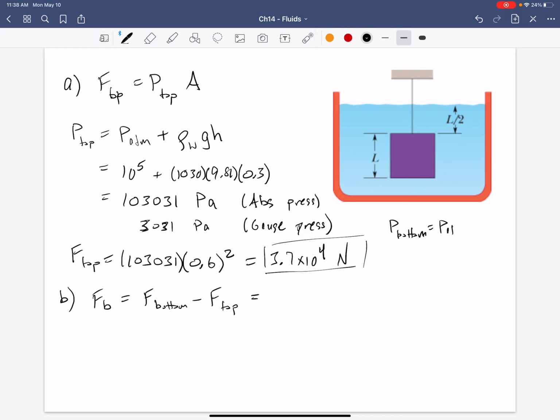It's the atmospheric pressure plus rho g h, but that's the h for the bottom, which should give us 100,000 plus the density of the water times 9.81 times this h for the bottom, which is L over 2 plus another L. So that's 1.5 L, 3 halves times 0.6.